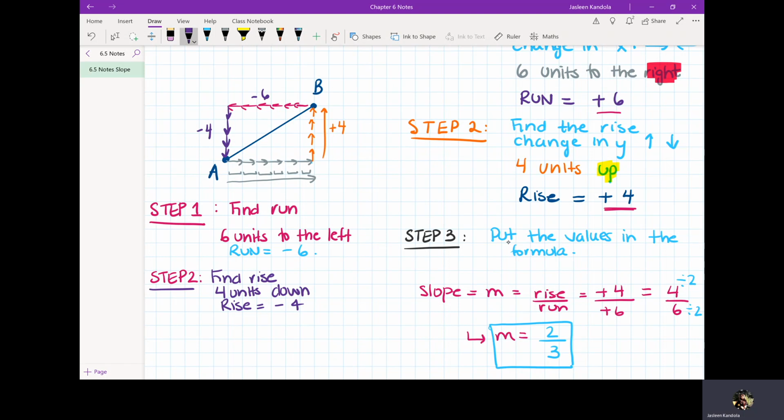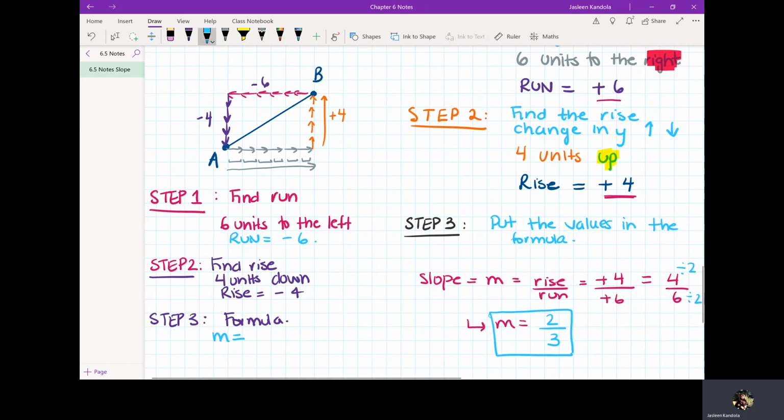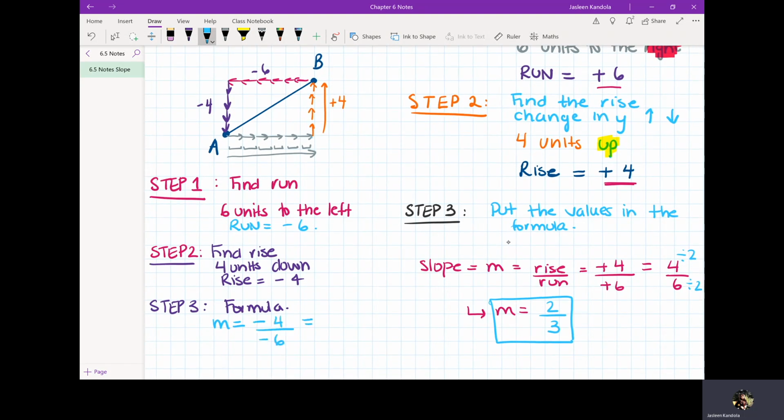Now plug it into the formula. We have m equals rise -4 over run -6, and a negative over a negative makes a positive, and these can be simplified. So no matter what, our slope is this. That tells us, okay, we did it correctly the first time.